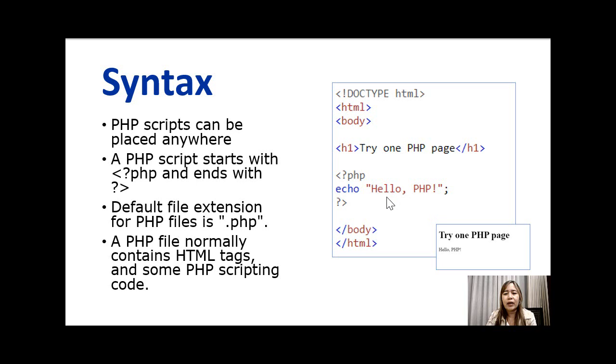If you run this code, you will not only display the heading, but you will also see the result of your statement, echo hello PHP exclamation point. It will first display the heading and then perform the PHP script, and so you will have this output on your screen.